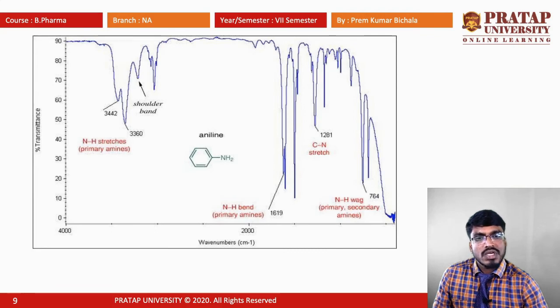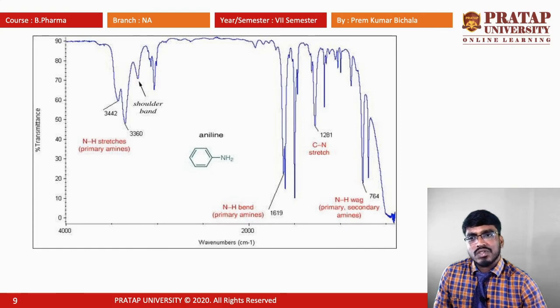This is also a bending type of vibration. We can observe it in both primary and secondary amines in the fingerprint region, and we can also observe another peak in the fingerprint region, that is for carbon and nitrogen stretching at 1281 centimeters inverse. And for NH stretching, we should have two different bands, one at 3360 and one at 3442. These should be broad peaks, with the bandwidth being larger.